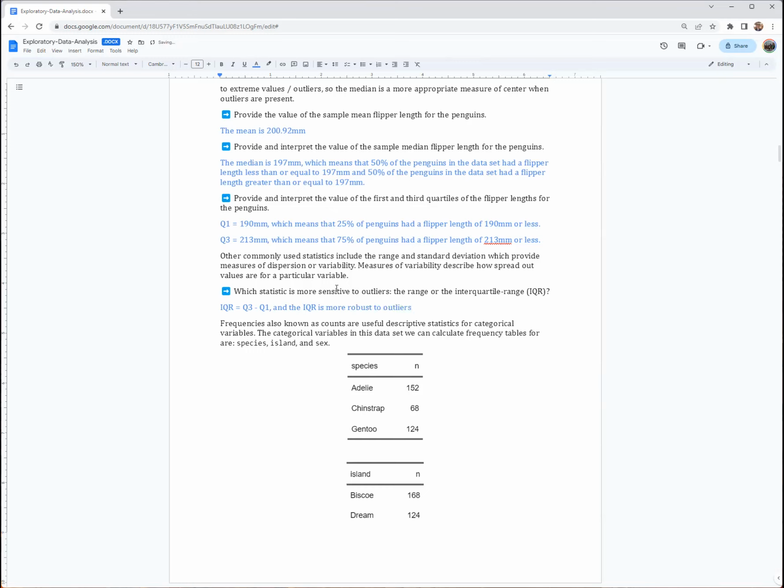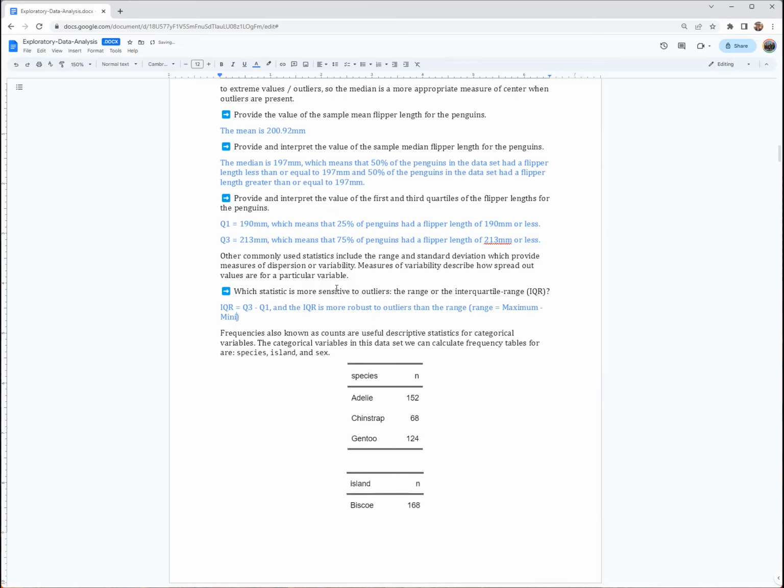So robust is the opposite of sensitive in statistics. And the range is equal to the difference between the max and the minimum, as a reminder. Okay.